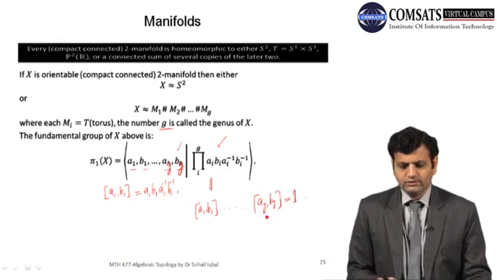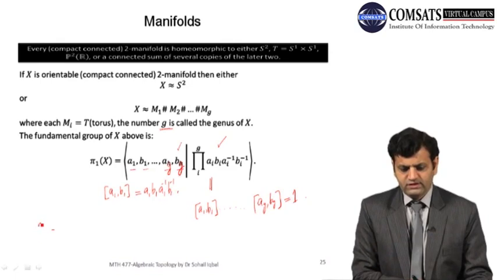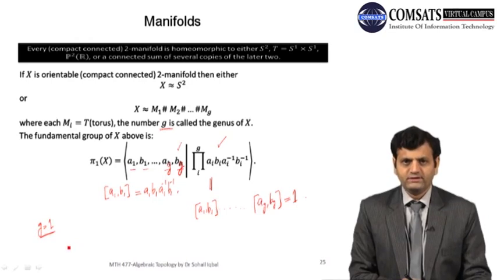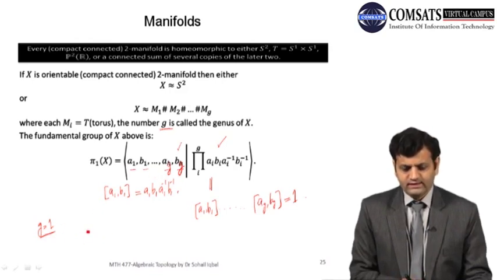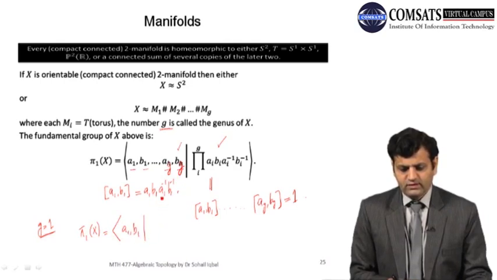So in particular, if we have G equal to 1, in other words, we are talking about a compact connected orientable 2 manifold of genus 1, or simply what we know as the 1 torus, a surface with 1 hole. If G is equal to 1, then the fundamental group of X is generated by A1, B1 such that the commutator of A1 and B1 is equal to 1.